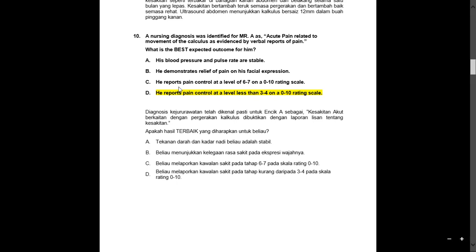Level 6 to 7 of pain means it is moderate pain, and level less than 3 to 4 means mild pain. So our aim should be to minimize the pain as much as possible. So the best answer is answer D.